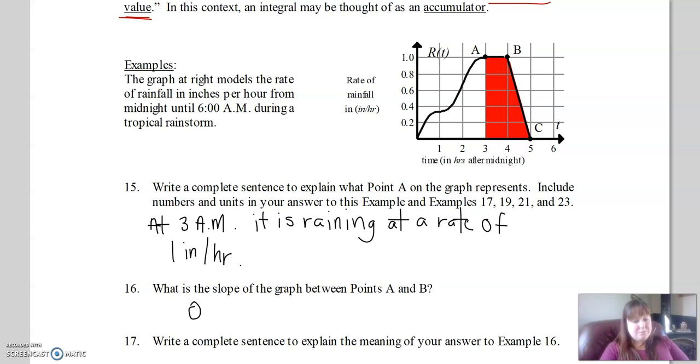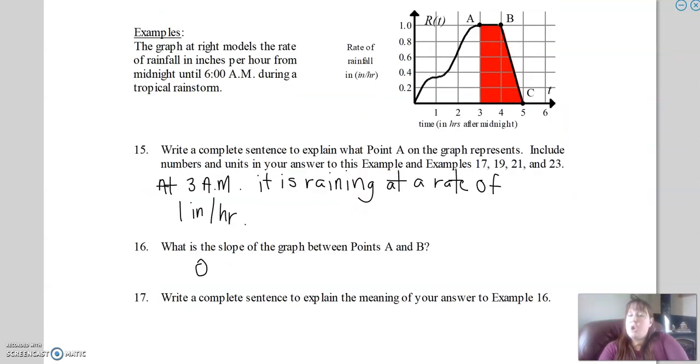And now, does that mean that no rain fell in between A and B, between 3 and 4 a.m.? No, because we're looking at a rate graph. We're looking at rates, right? So the rate at 3 a.m. is 1 inch per hour, and the rate at 4 a.m. is also 1 inch per hour, which really just means that between 3 a.m.